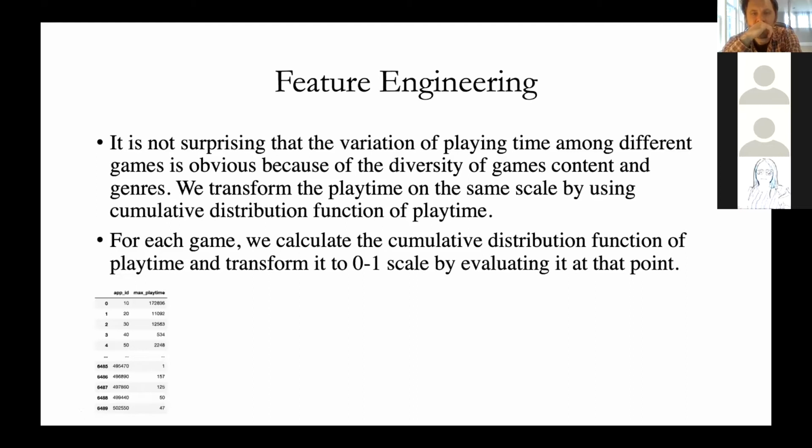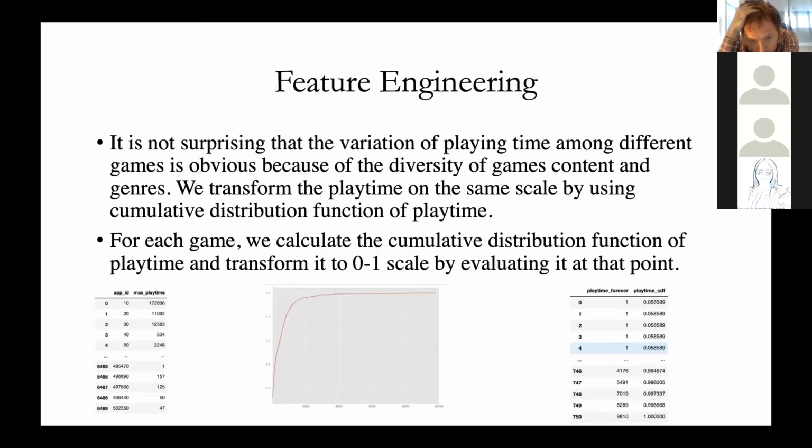If we directly use playtime as a rating, the model will recommend games with a large maximum playtime. For this reason, we transform playtime onto the same scale by using the cumulative distribution function of playtime. We can see the cumulative distribution function here, and we transform playtime into the new rating from this table.